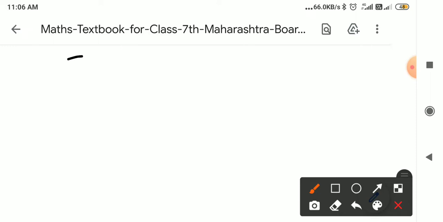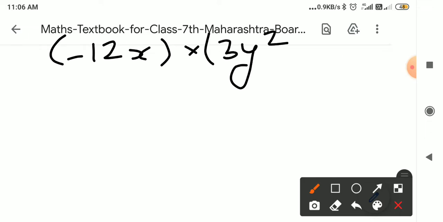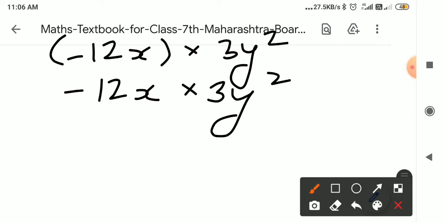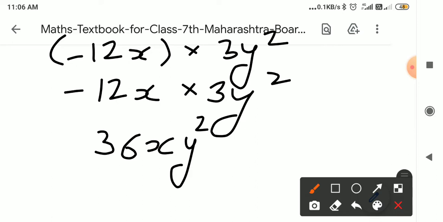So minus 12x, another term is 3y square. First of all here we will write 12x into 3y square. So 12 3s are 36 and x is a single term, so write it as it is, and y square also you have to write as it is.